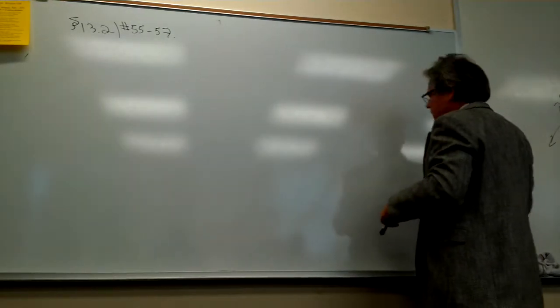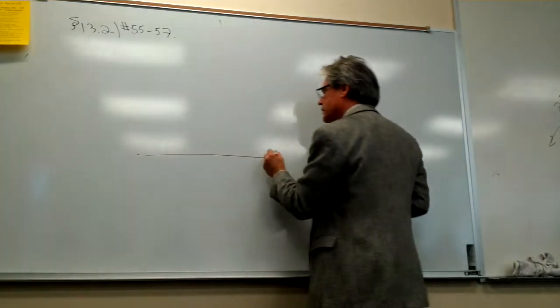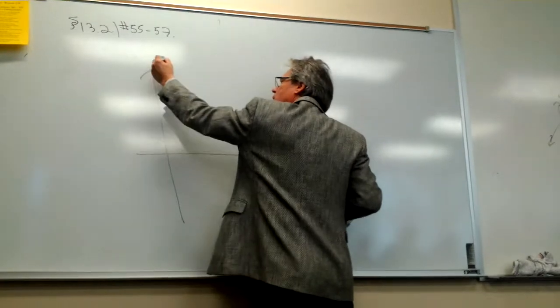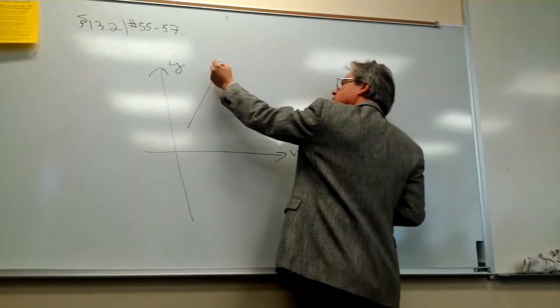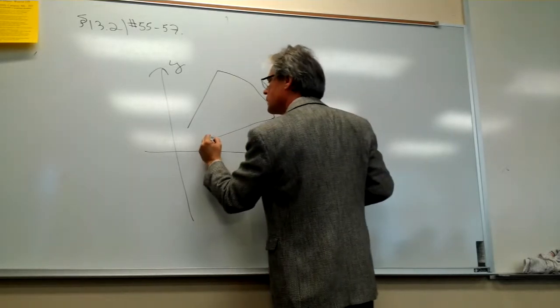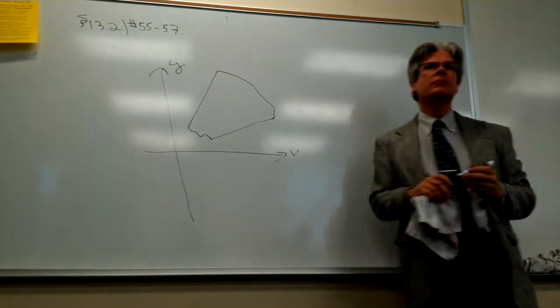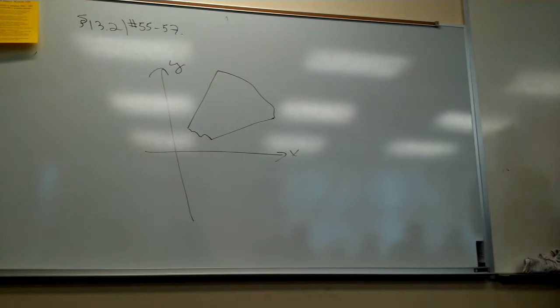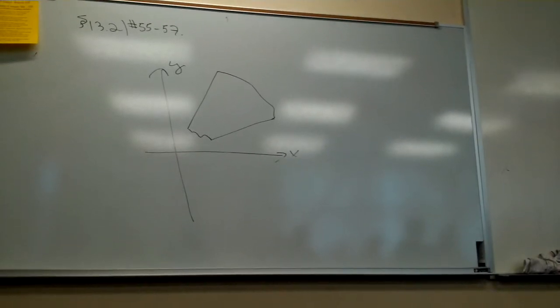What if I did something different, you guys? X-axis, Y-axis, and I want to integrate over some region. It looks like this. A very special type of region. It looks like a piece of pizza that somebody took a bite out of. I meant mathematically. Polar coordinates?